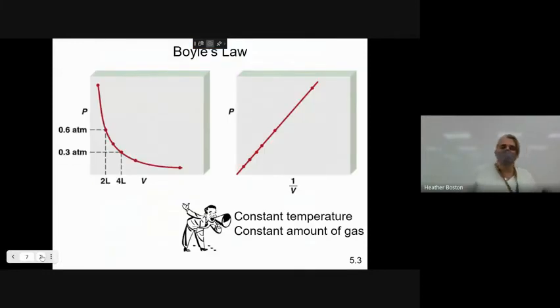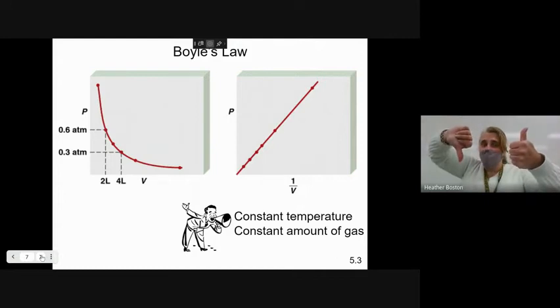Okay, so let's talk about Boyle's law. Boyle's law has to do with pressure and volume. So let's think of a stupid memorization trick to remind ourselves what we're talking about with Boyle's law. If you think of boils as in boiling water or something like that, that's ignoring temperature. What that means is it's keeping temperature constant. So Boyle's law is pressure and volume. When you see a graph that goes down like that, what that means is as pressure increases, volume decreases.